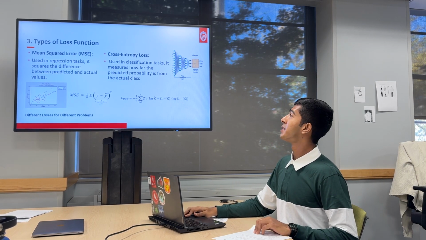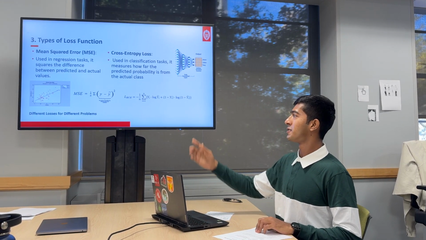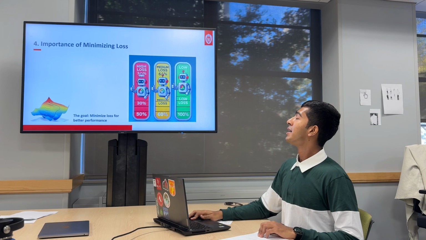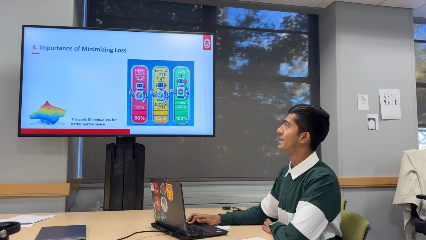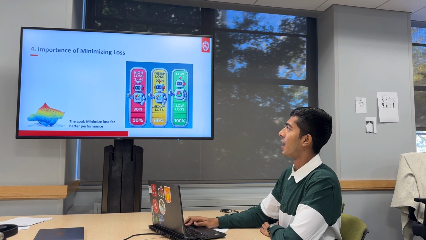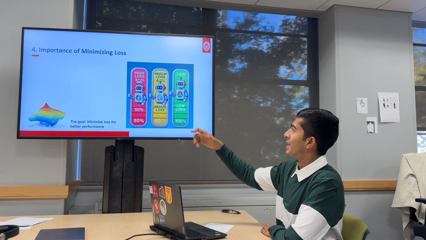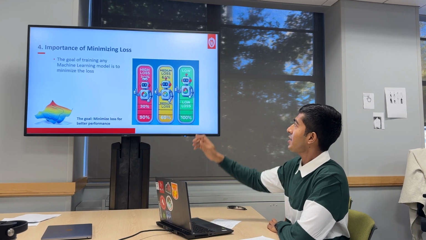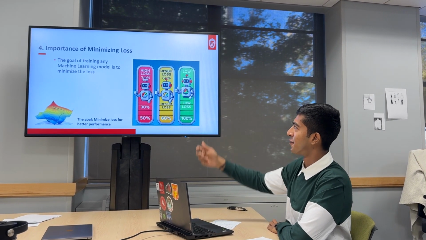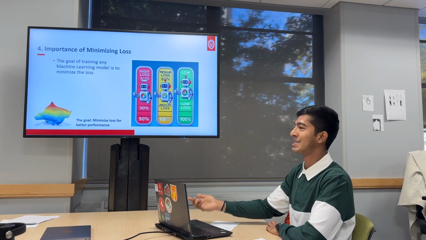Okay, going forward, so we have different losses for different problems. And in general, we are trying to minimize the loss. So here it shows that we have high loss, the robot is not happy; medium loss, it gets happier.